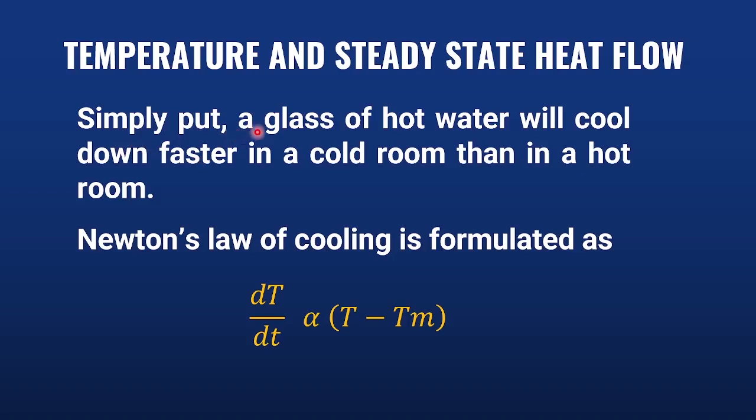So simply put, a glass of hot water will cool down faster in a cold room than in a hot room. Hence, we say that Newton's law of cooling is formulated as dT/dt, which is proportional to T minus T_m.